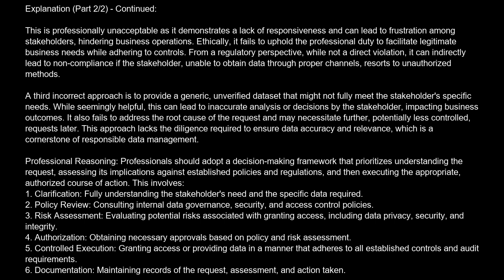Risk assessment, evaluating potential risks associated with granting access, including data privacy, security, and integrity. 4. Authorization, obtaining necessary approvals based on policy and risk assessment. 5. Controlled execution, granting access or providing data in a manner that adheres to all established controls and audit requirements. 6. Documentation, maintaining records of the request, assessment, and action taken.